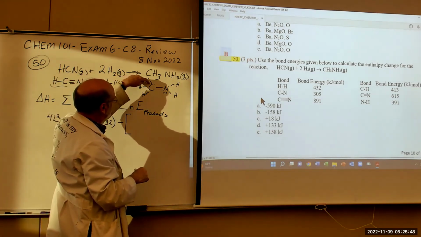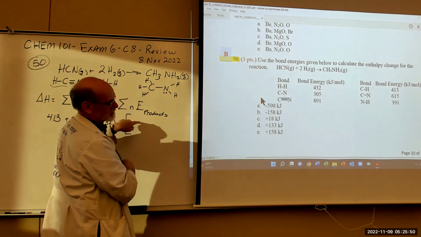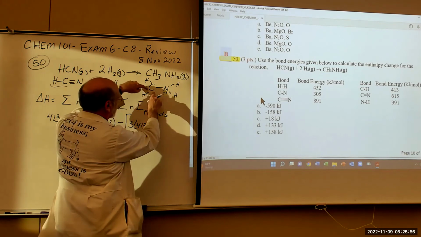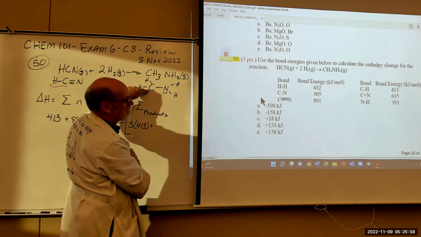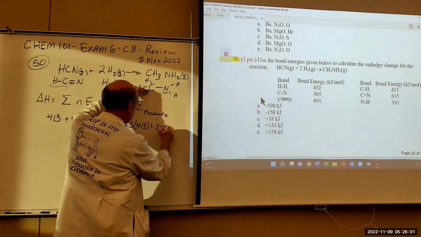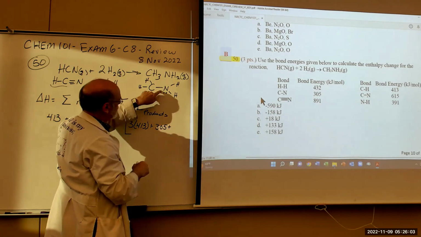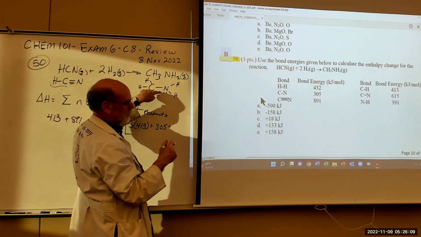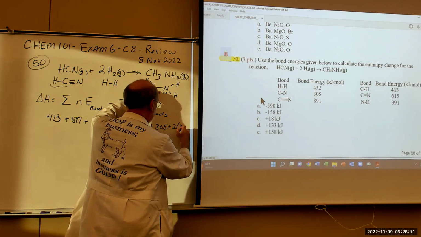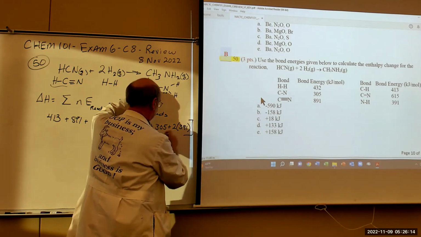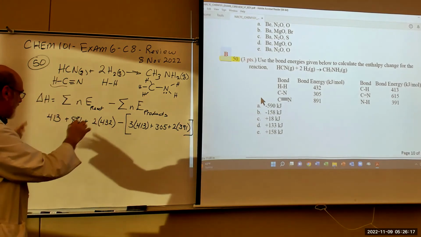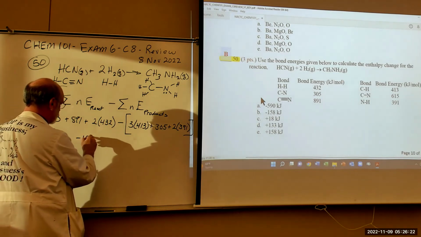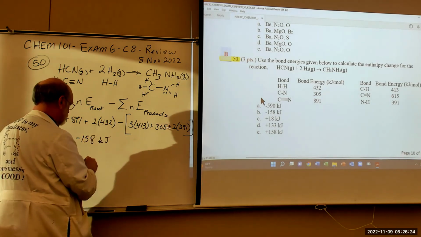We have 1, 2, 3 carbon hydrogens, 413. Then we have a carbon nitrogen, 305. Then we have 2 nitrogen hydrogens, 391. There we go. So if you do that math, you should come up with minus 158 kilojoules.